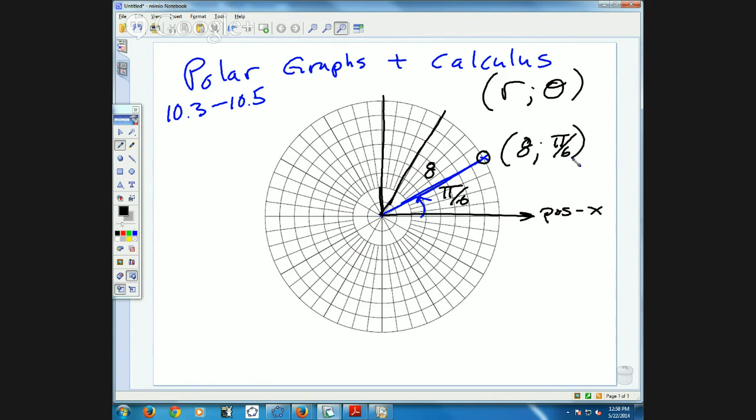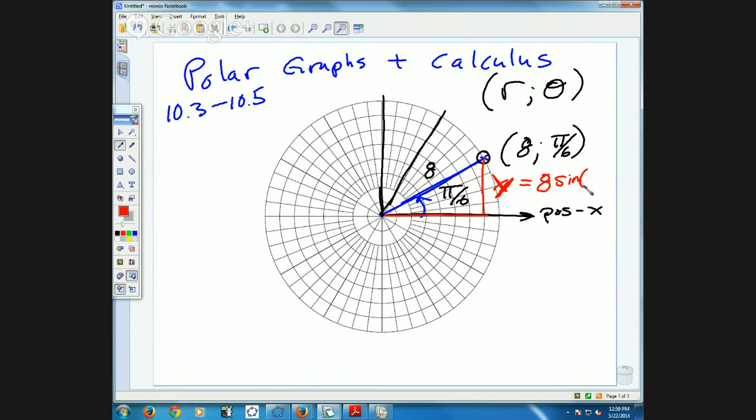Now I could identify this point in rectangular coordinates too, couldn't I? If I turn this into a right triangle, I can use sine, cosine, and tangent. The y value here is going to be 8 times the sine of pi over 6.